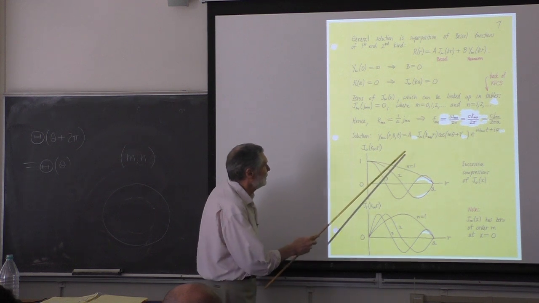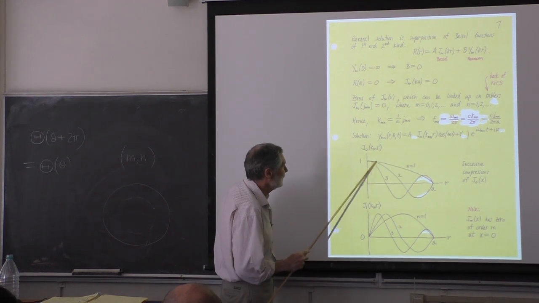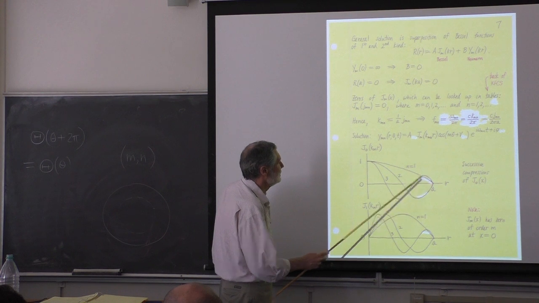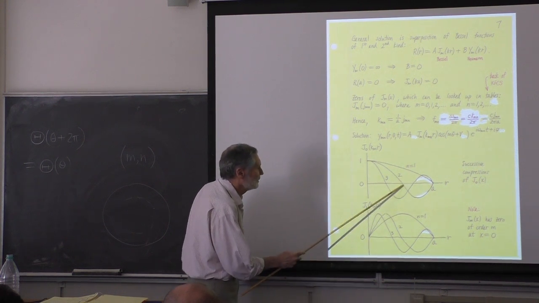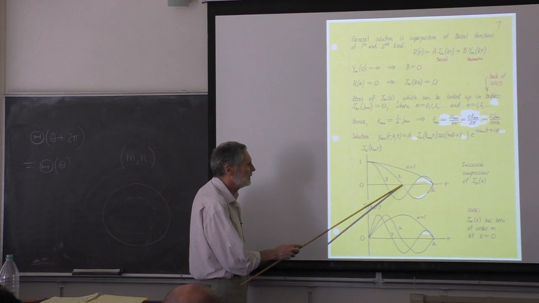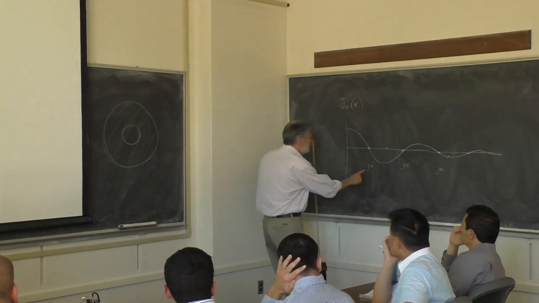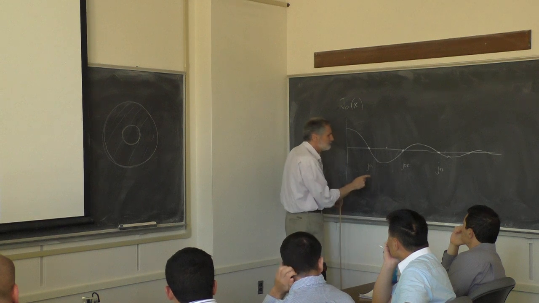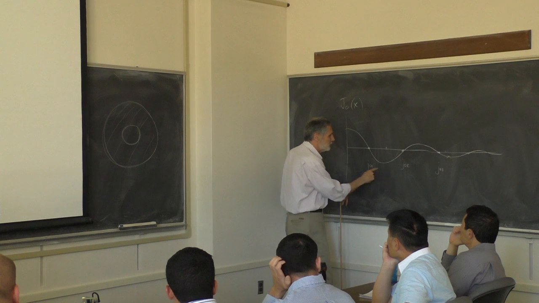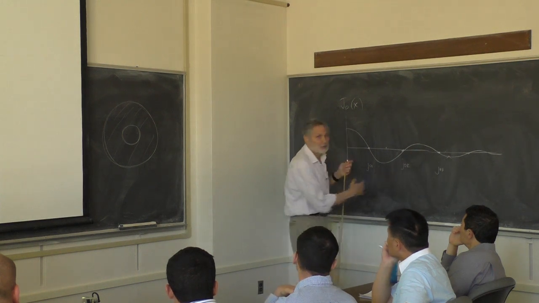So this is not the only one, this is the n equals 1 solution. There'll be an n equals 2 solution, and that corresponds to the addition of another node. So there's a little bit of a problem here. When we start to superpose solutions corresponding to the different n's here, 1, 2, 3, they're getting all compressed.